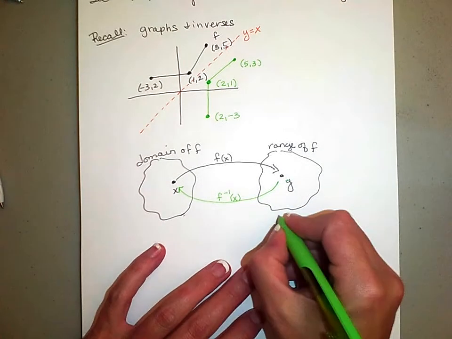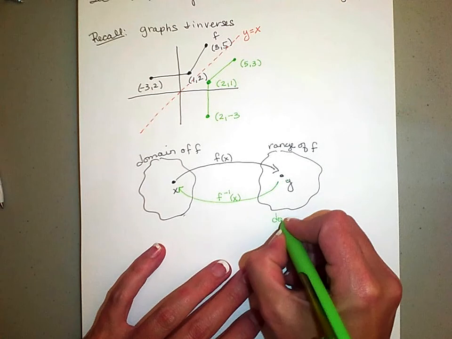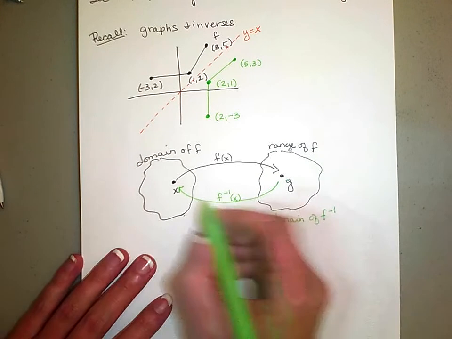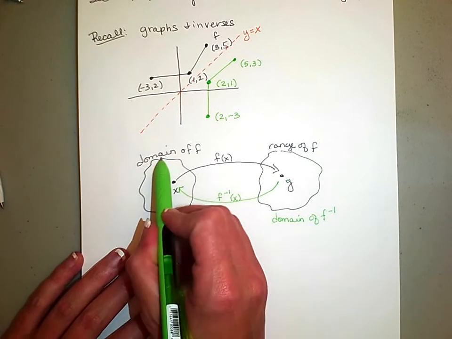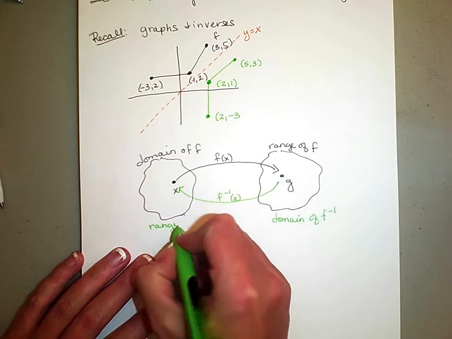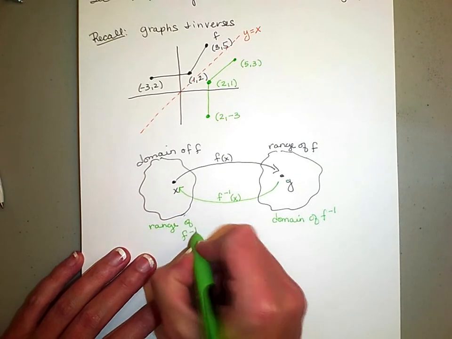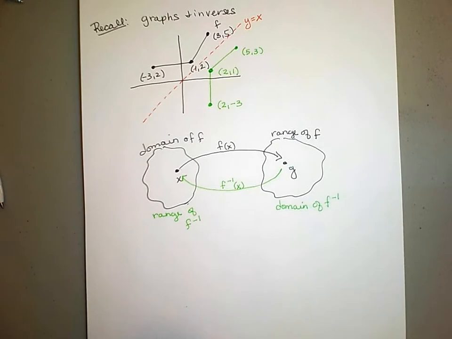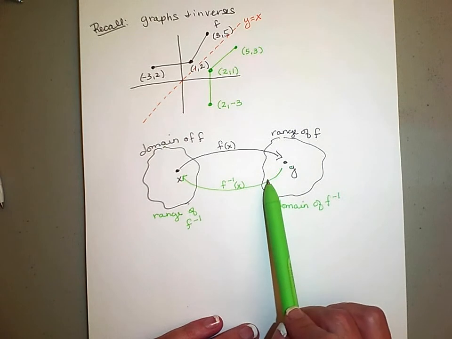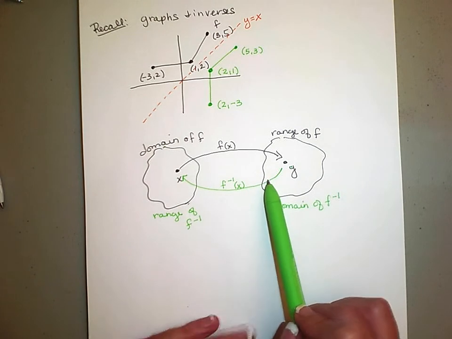And so now this set of numbers has become the domain of f inverse, and these numbers, which were the domain of f, are now the range of f inverse. Okay? So this is a very powerful tool to help us think about what's happening with functions and their inverses.